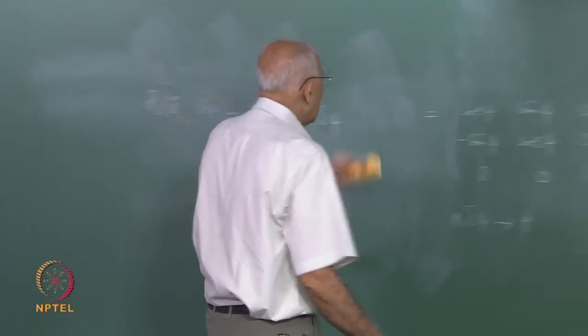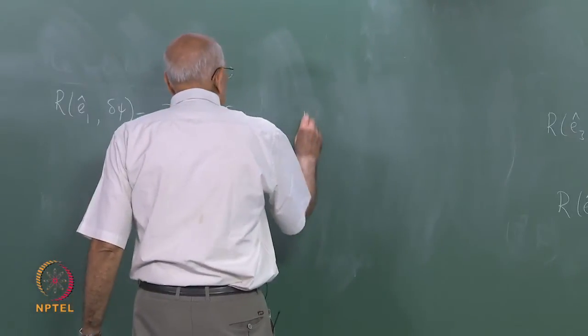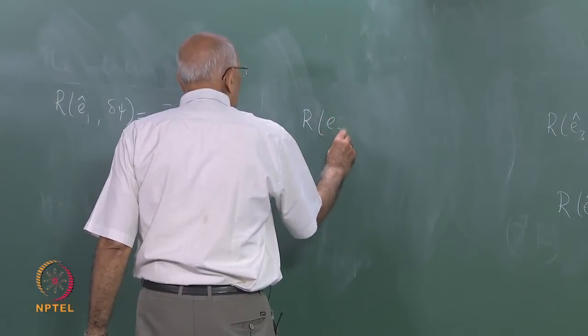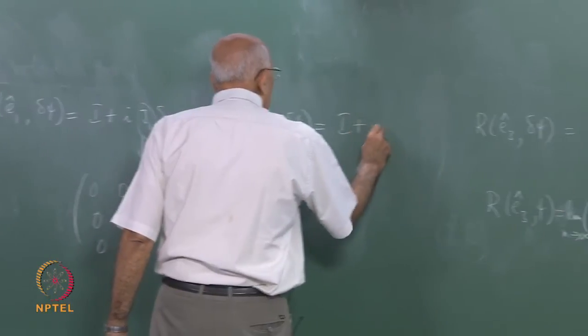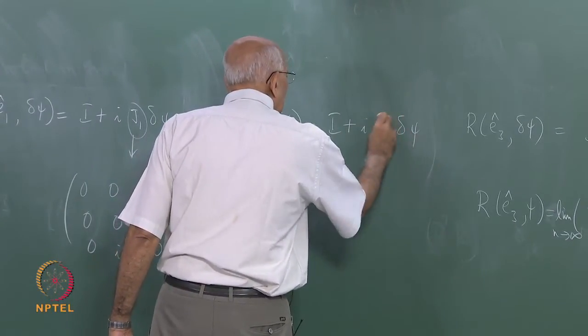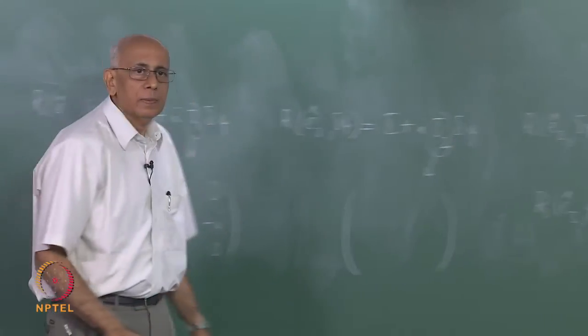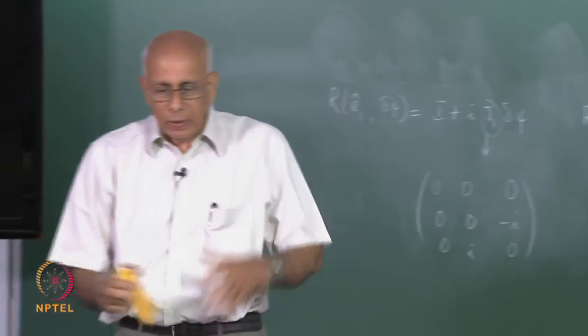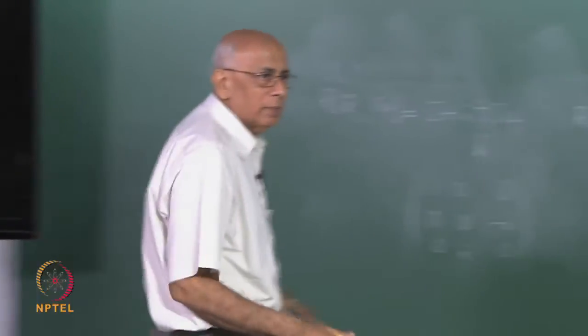And what's this fellow going to be? What's R(e2, δψ) going to be? This is going to be I + iJ2δψ. And what is this matrix going to be? Now it's the 1 and 3 axes that get mixed up and the 2 remains completely untouched, right.